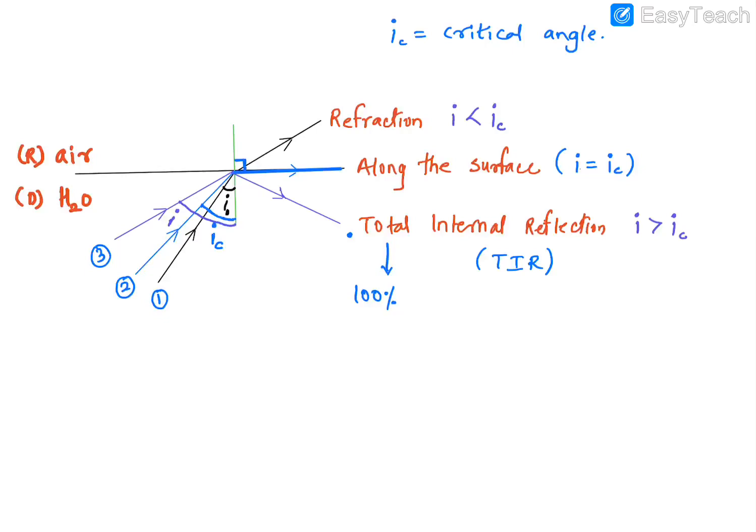Now guys, next thing, also if you want to find the refractive index out here, I'll draw another diagram. So say out here we've got this light ray, and this is the interface, and this is the normal. The light ray starts from here, that's your incident ray. And how is it going? It is going along the surface.